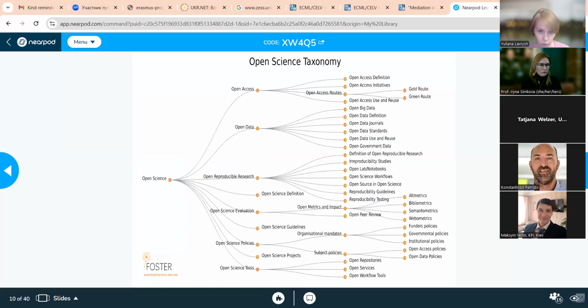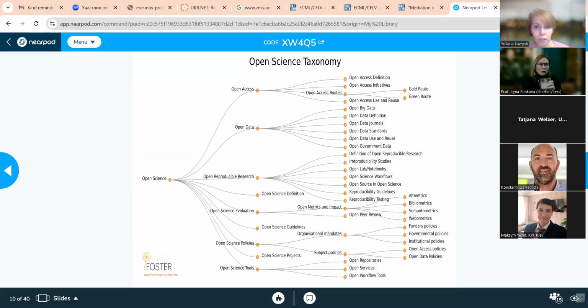Okay, so if you think that open science is only about open access and open data, you are mistaken. Look at this open science taxonomy. This is a huge family of strategies, concepts, practices. So everything that is open is understandably about open science.